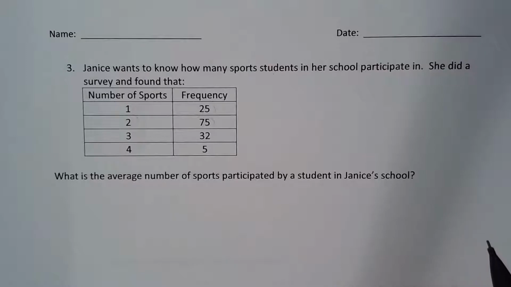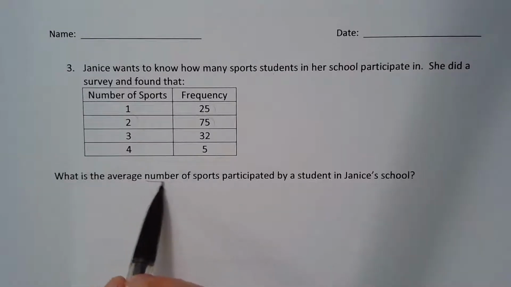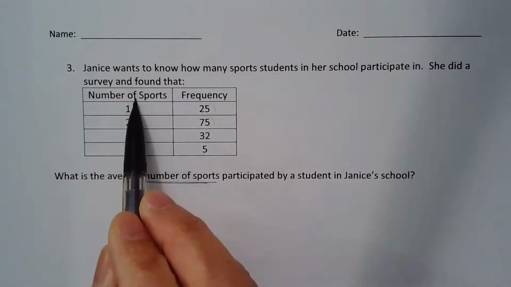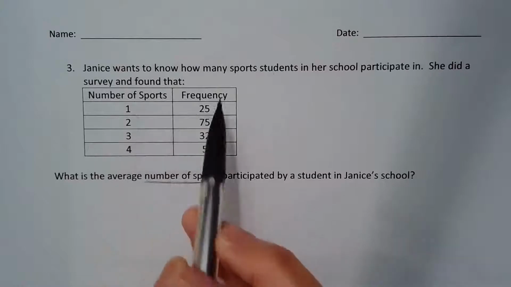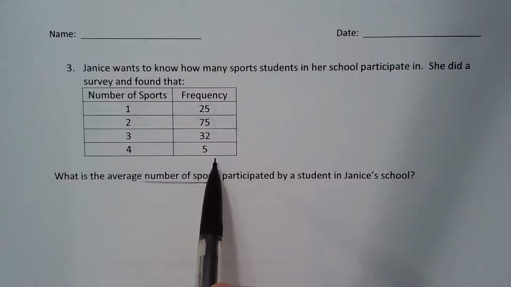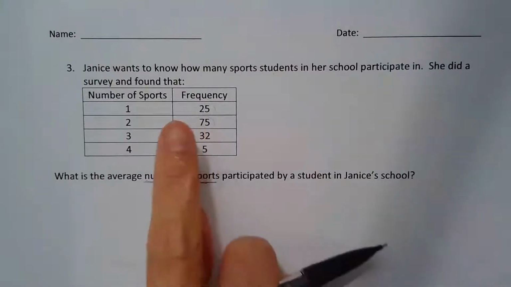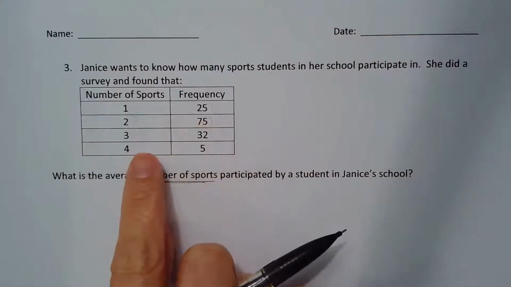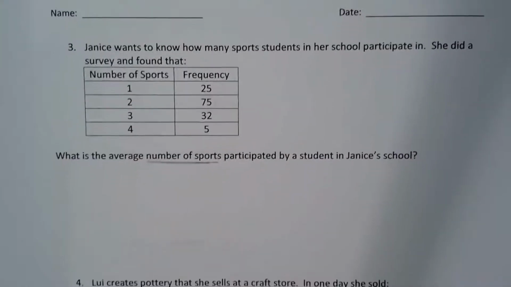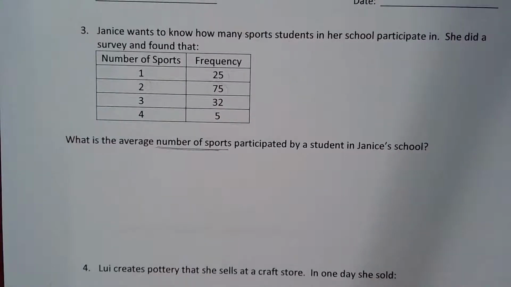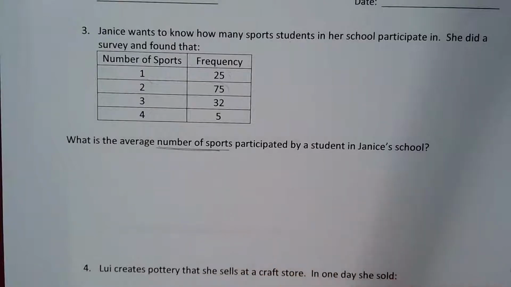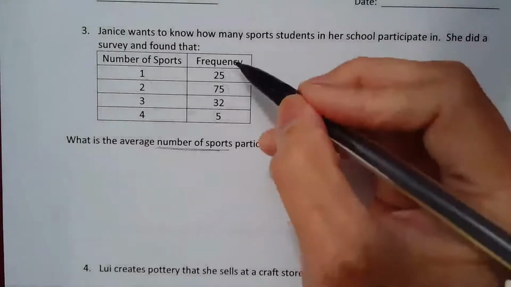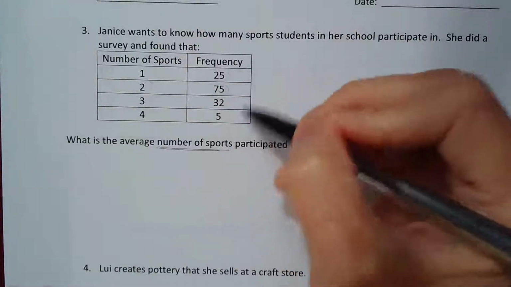So number of sports, okay. This is the score, and then this is the frequency, how many there are. It's nice already because it's in a table, so we can just go ahead and put that in here, our solution. Now the other thing that we talked about in terms of weighted mean is also, instead of weight, it's by frequency.